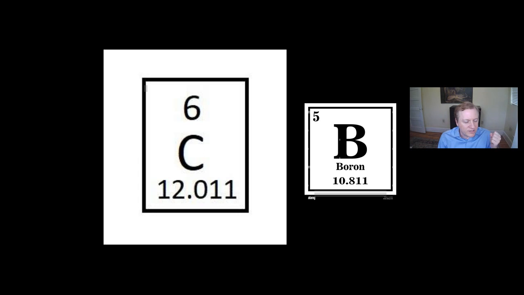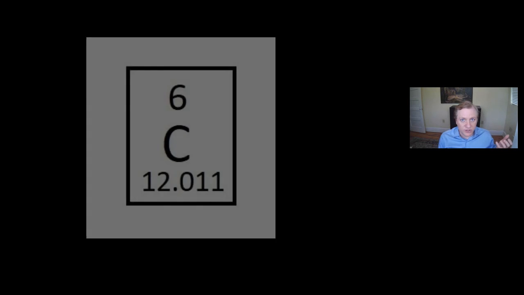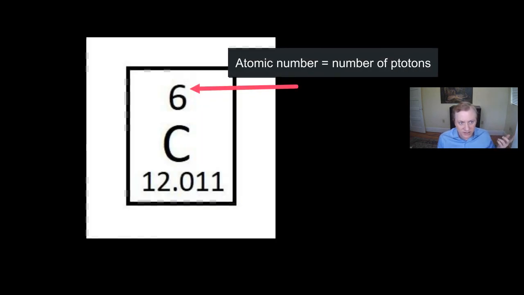Why not? Because an atom with 5 protons is boron. Okay. The number of protons determines what kind of element you're looking at. This is also referred to as the atomic number. You'll see it is the number represented in the periodic table next to the symbol. The whole number, that is the number of protons.